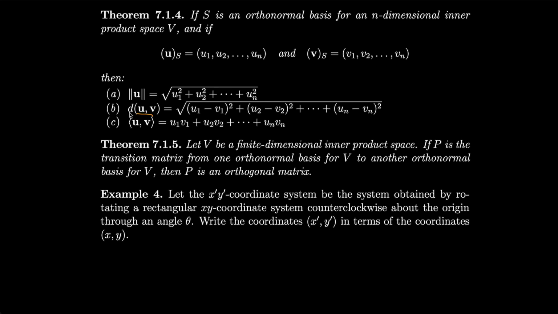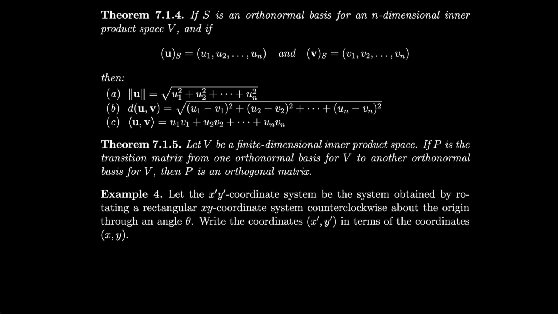The inner product of U and V is just the dot product. It should kind of make sense because we have these coordinate vectors, so it makes sense that they would behave like Euclidean space, Rn, even though it's just an n-dimensional inner product space, which is more general.